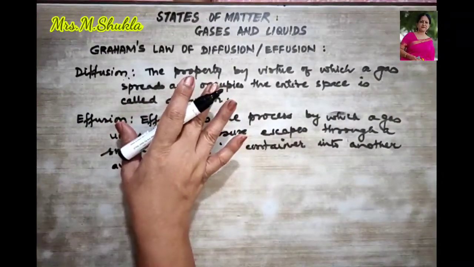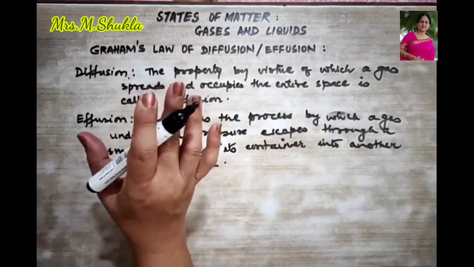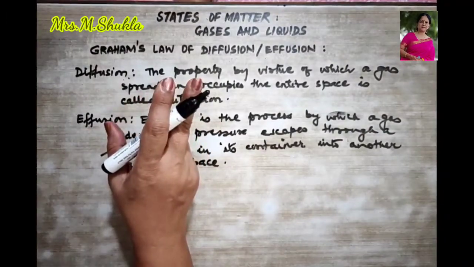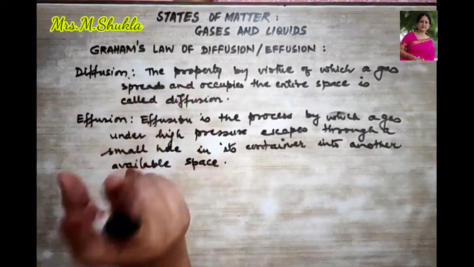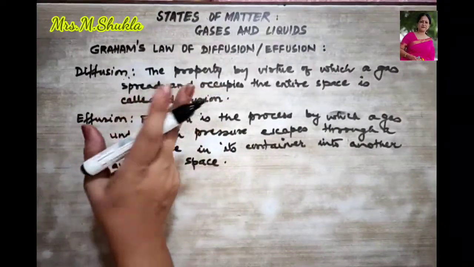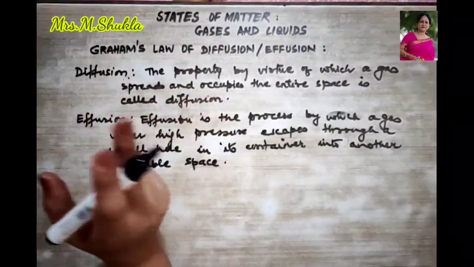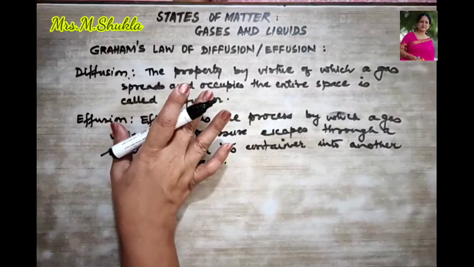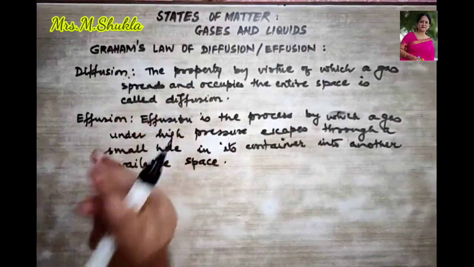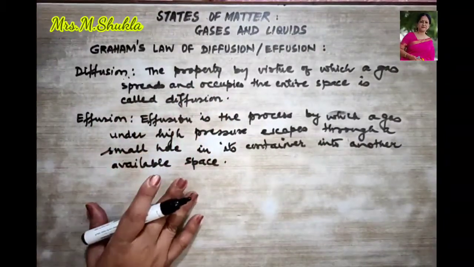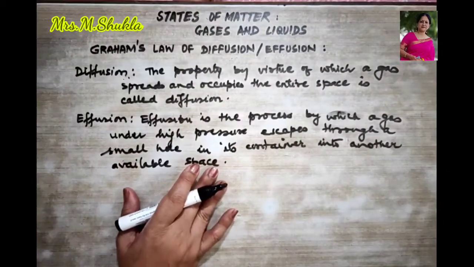This observation was supported by the fact that the speed of the molecules of a gas completely depends upon the temperature and the molecular mass. So now we are going to discuss some important points about Graham's law of effusion.